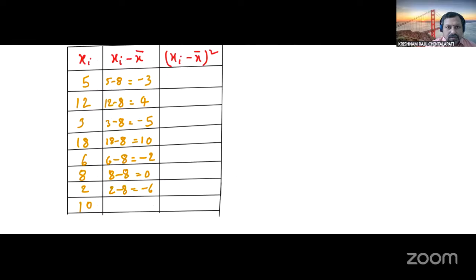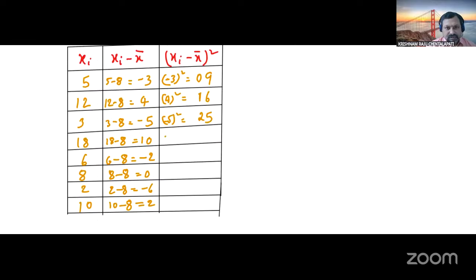Now, xi minus x bar whole square. Minus 3 whole square is going to be minus into minus plus, 3 3s are 9. Next, 4 square is going to be 16. Minus 5 whole square, minus into minus plus, 5 5s are 25. 10 square, 10 10s are 100.